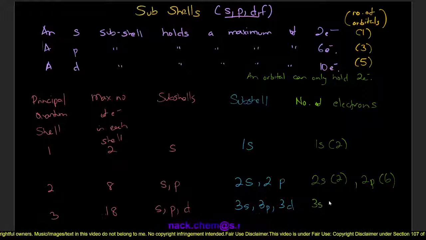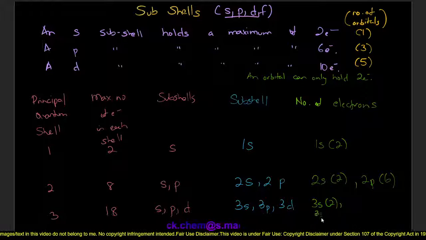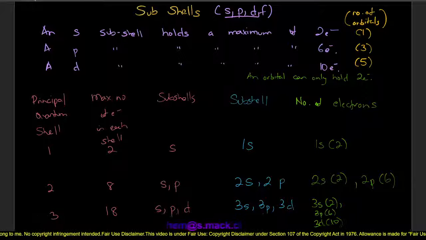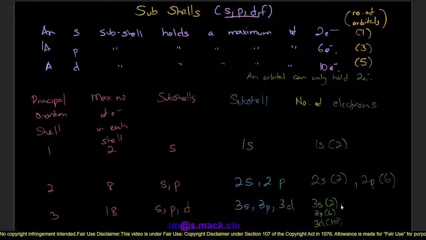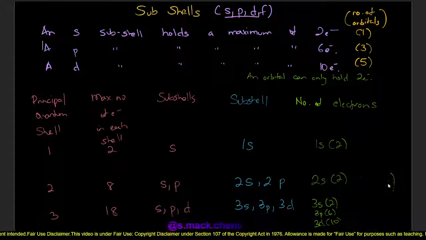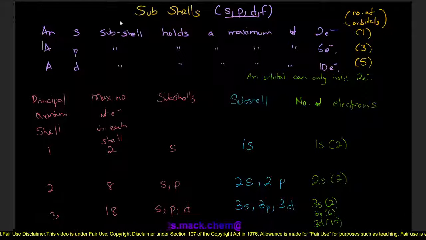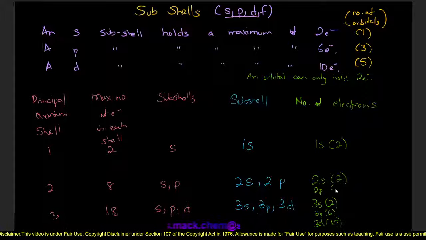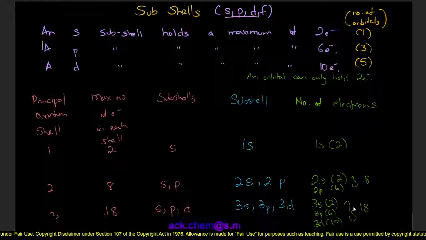In the third shell, in our 3s subshell, we have 2 electrons. In the 3p, we'd have 6 electrons. And in the 3d, we'd have 10 electrons. If we add up these numbers, it adds up to 18. And this is looking at shells, subshells, and number of electrons.